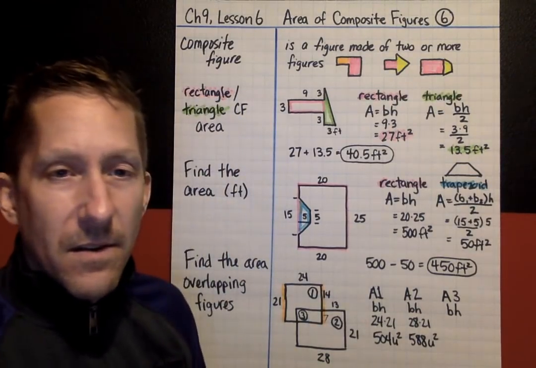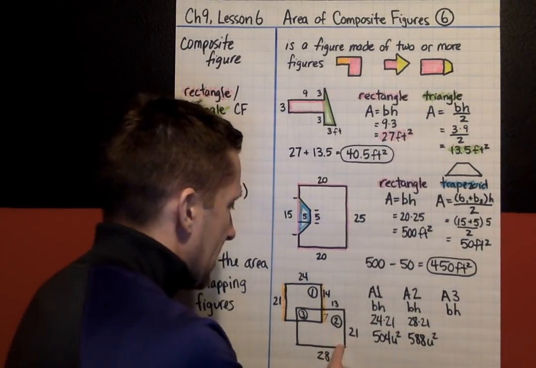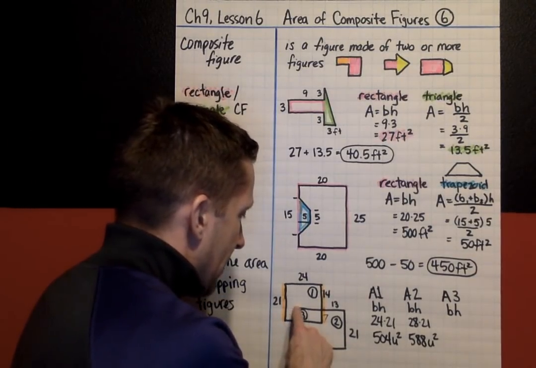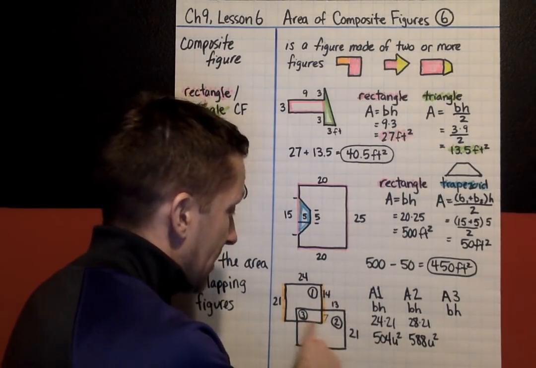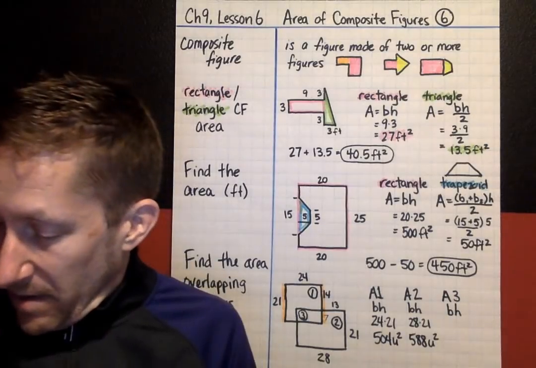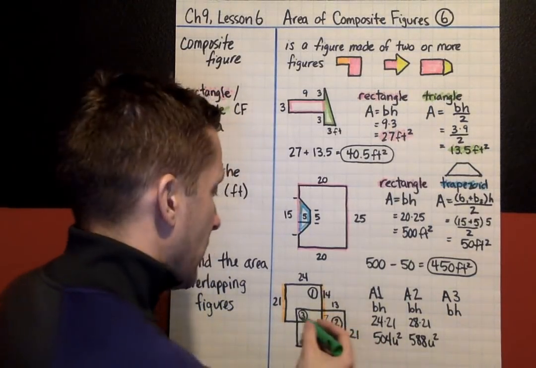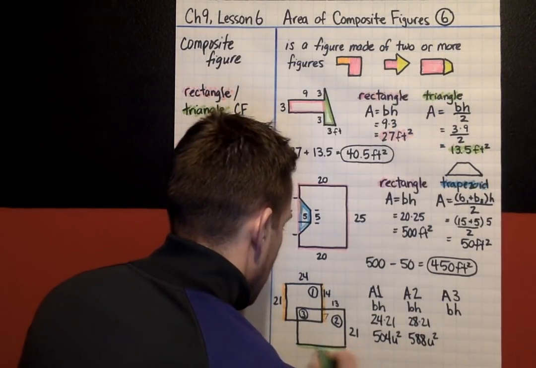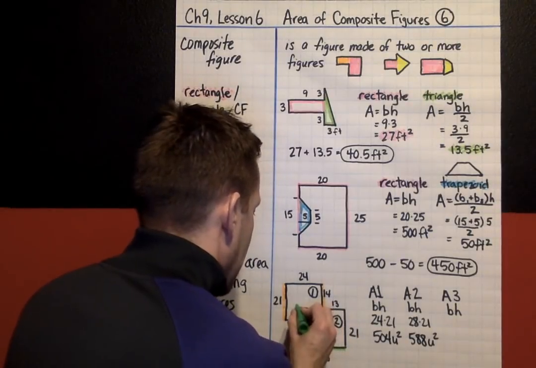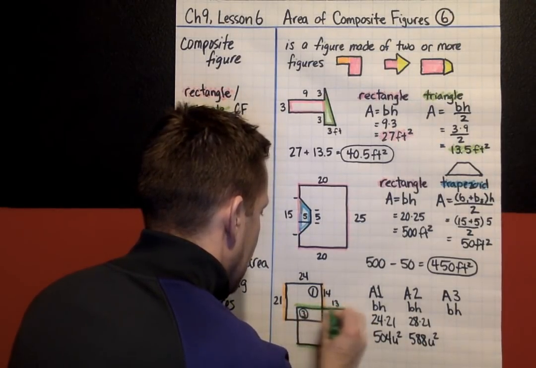This right there. I'm going to use this line to help me figure out this side of rectangle 3. So let me get a different color. I'm going to use green. So I know this line is 28, which means this line is also 28.